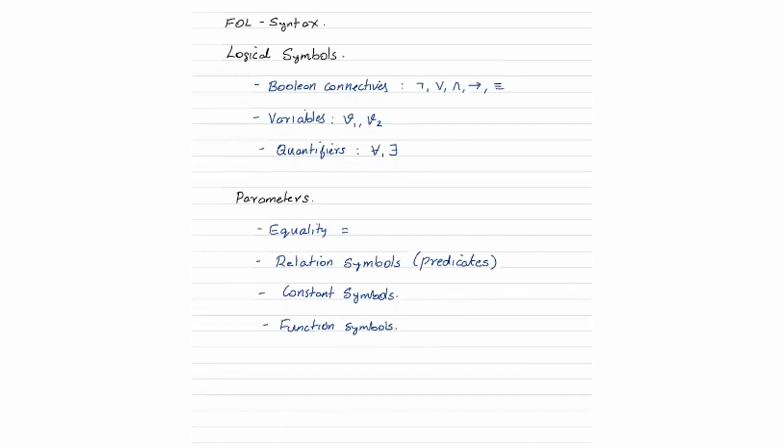And in addition to that, this is where the real attraction of first order logic comes. You have a bunch of parameters. Parameters can be predicates, relation symbols, constant symbols, function symbols, equality and so on. These are the typical parameters that you have.